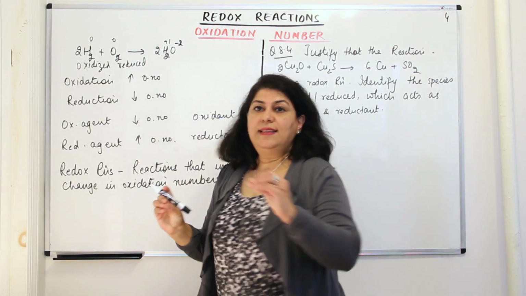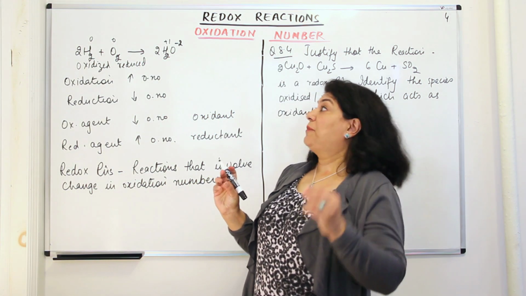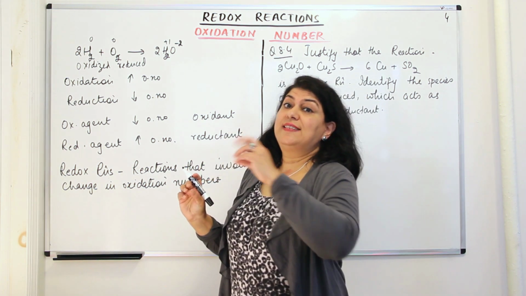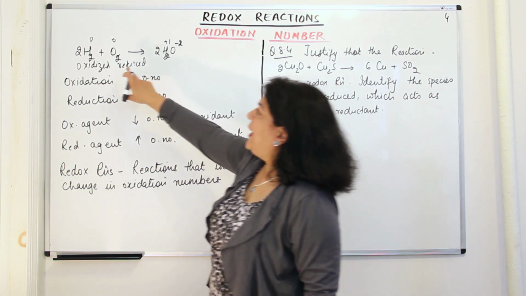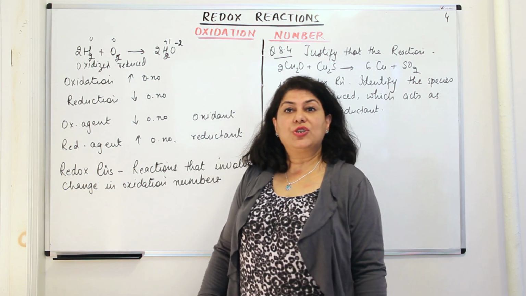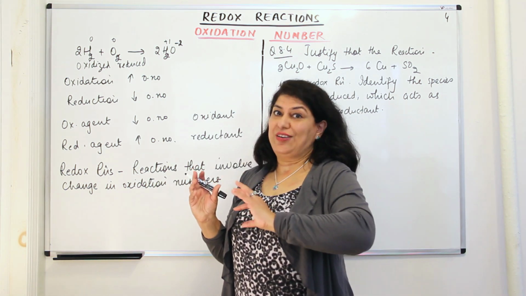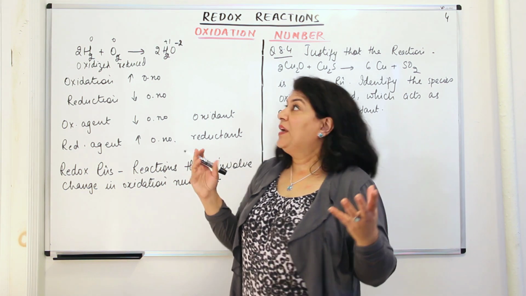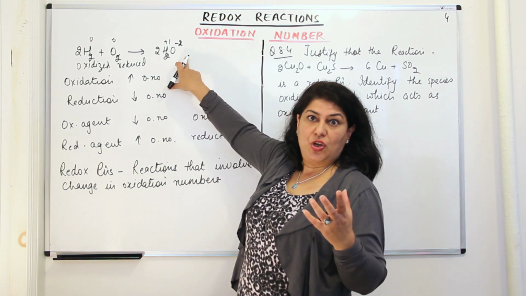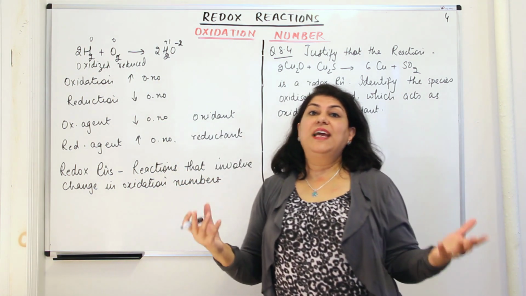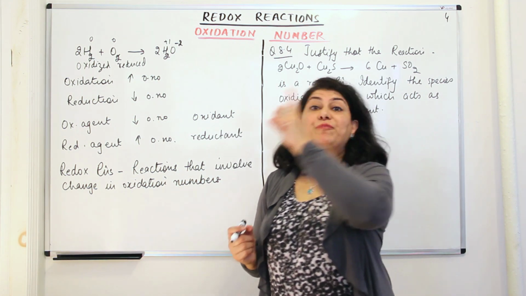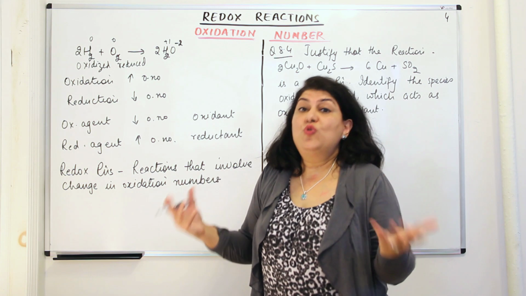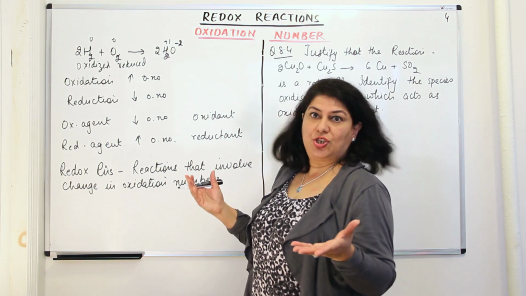And anything that helps a substance to get reduced is a reducing agent. So who helped oxygen to get reduced? Hydrogen helped it to get reduced. Oxygen could not have got reduced. What is reduction? Reduction is gaining of electrons. So oxygen could not have gained electrons if hydrogen would not have provided those electrons. So who reduced oxygen?